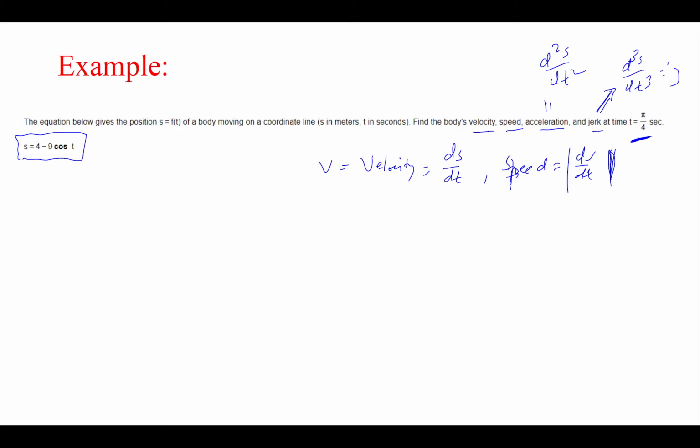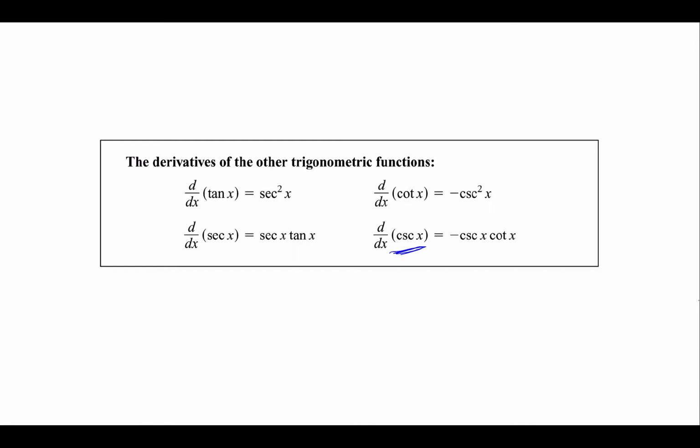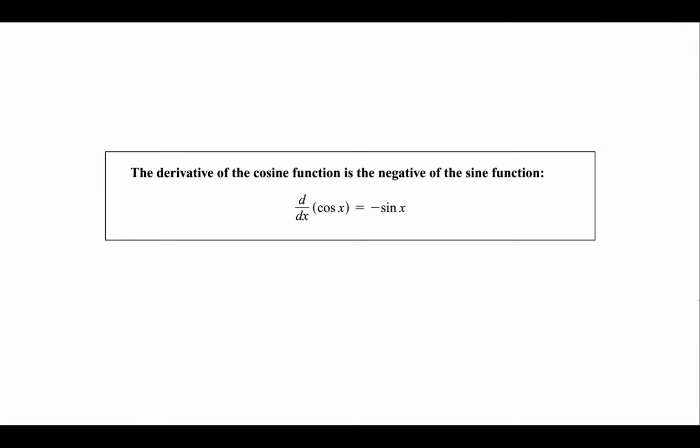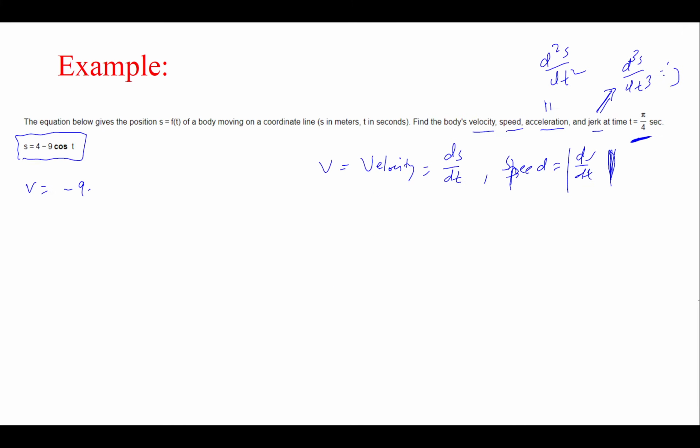So v is the derivative of 4, which is 0, minus 9 times the derivative of the cosine function. If we go back and see the formula, the derivative of cosine is negative sine. So this is negative sine t, and a negative times a negative is positive, so 9 times sine t.